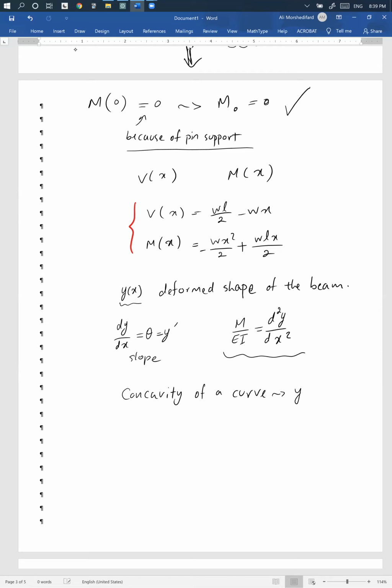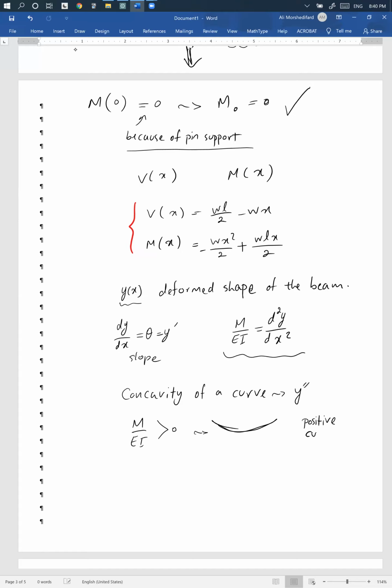The second derivative gives us the concavity of a curve, right? So if the second derivative, which is basically M over EI, is positive, it means that your curve is pointing upward. It has a positive curvature.